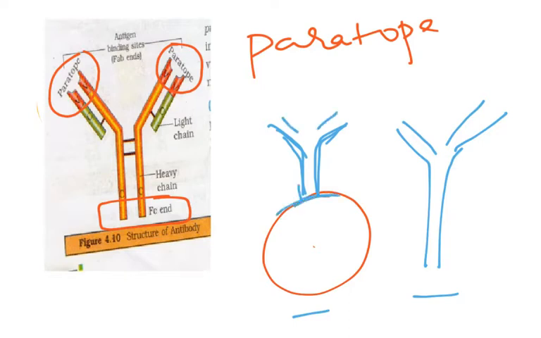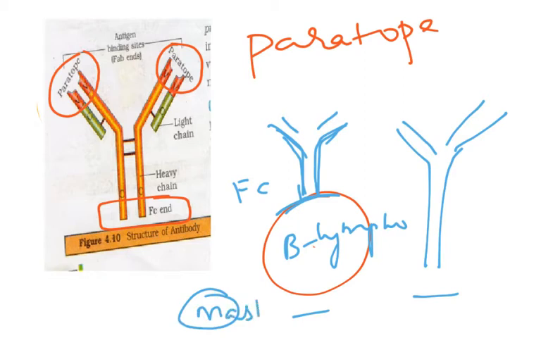They attach to B lymphocytes and to mast cells, special cells in our blood. So B lymphocytes and mast cells have antibodies attached on their cell surfaces. The antibody attaches to them with the help of Fc.